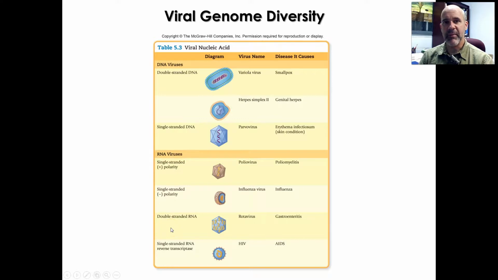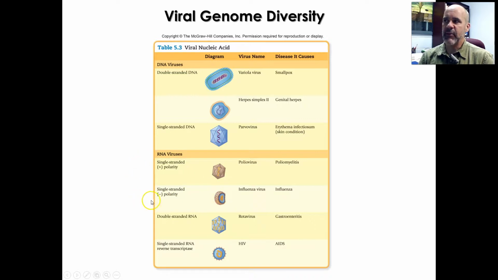And typically we think about RNA as being a single-stranded molecule, but like I said, the viruses violate these rules sometimes, and there are viruses with double-stranded RNA genomes. And then there are some viruses that have single-stranded RNA genomes, but they get converted into DNA in their host cell, and we'll spend a little bit more time talking about that later.